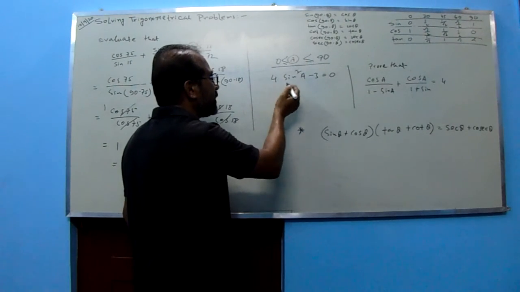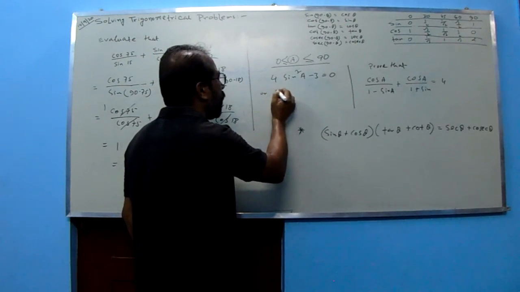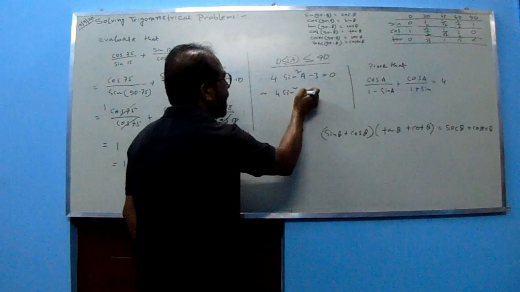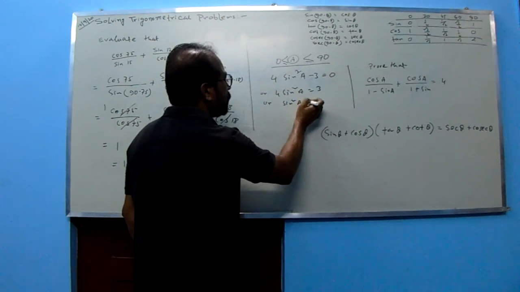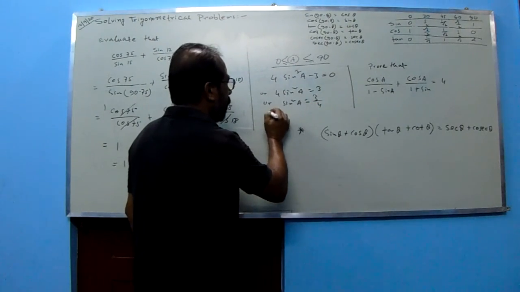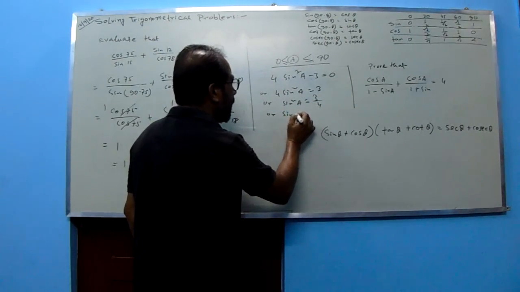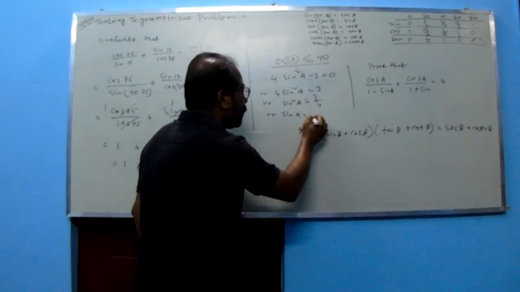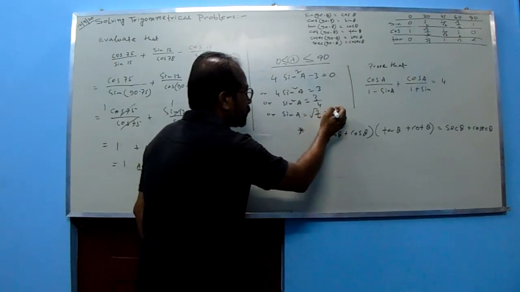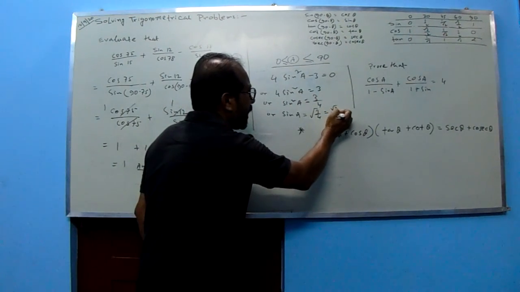From this equation it can be written as 4 sine square A equal to 3, or sine square A equal to 3 by 4, or sine A equal to, omitting the square, root over 3 by 4. So the result is root 3 by 2.